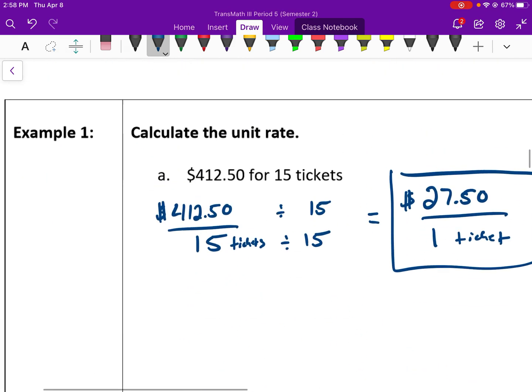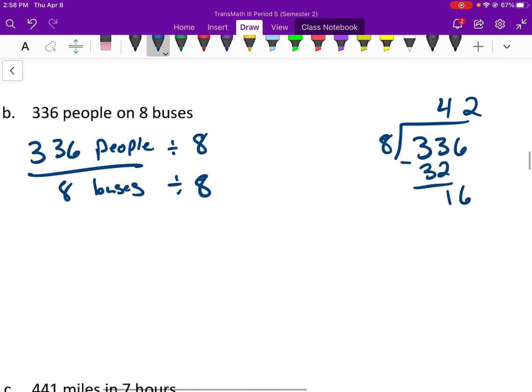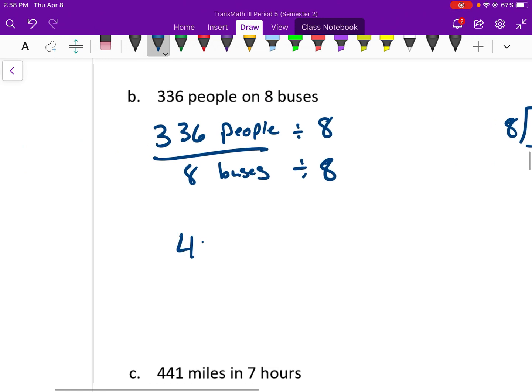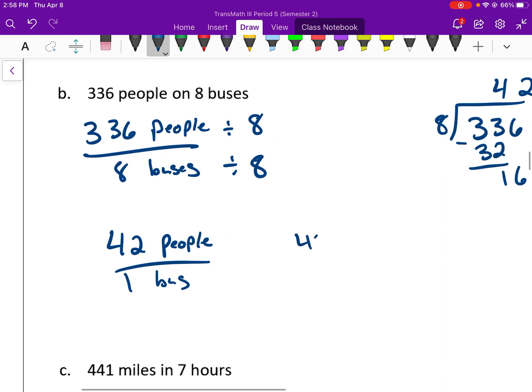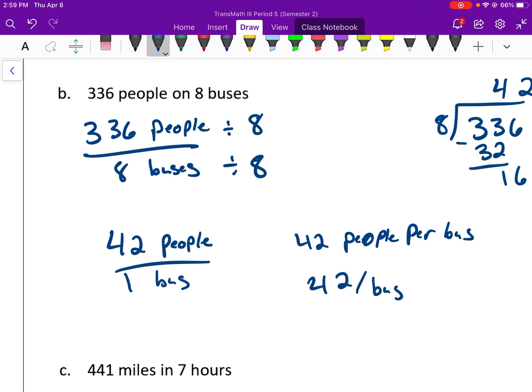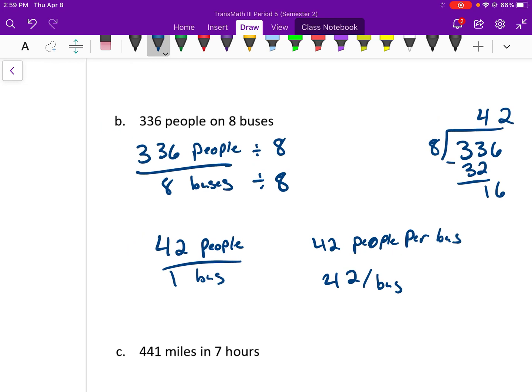Therefore, our unit rate is going to be that 42 people for one bus. Now, I can write this a little different. We can say 42 people per bus. Could say 42 per bus. Either way, all the same thing.